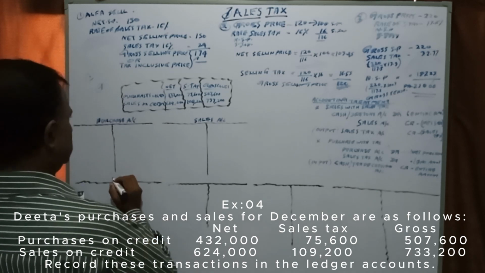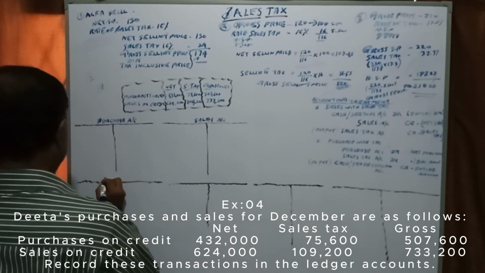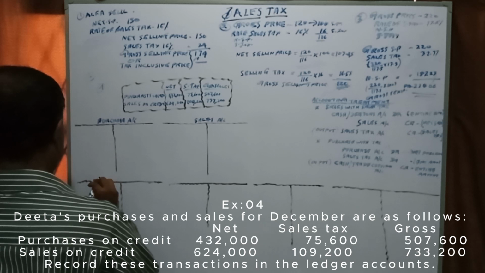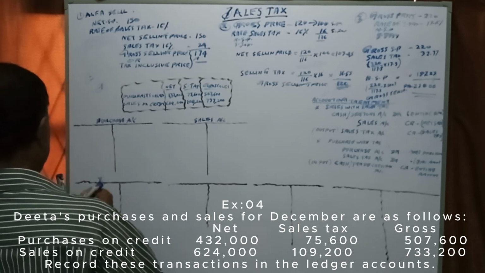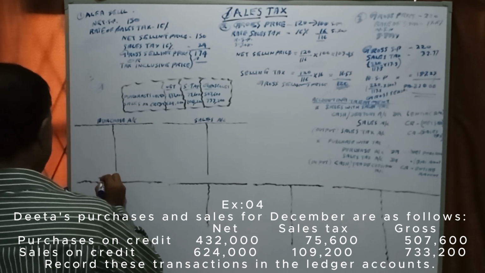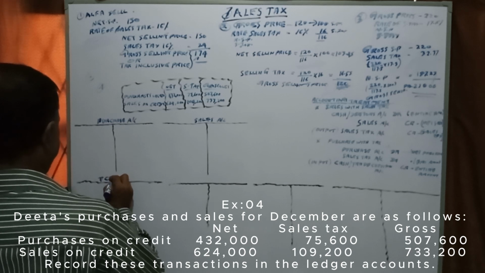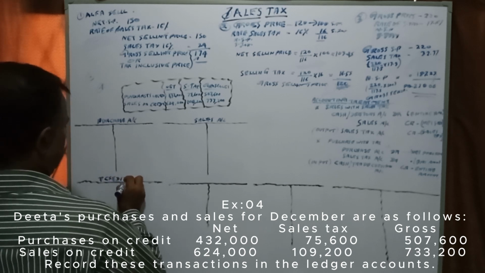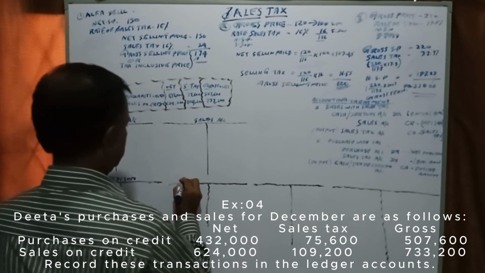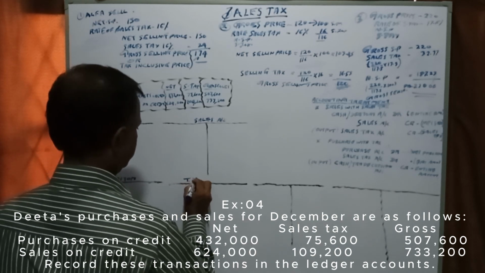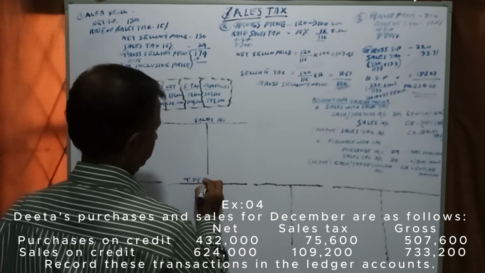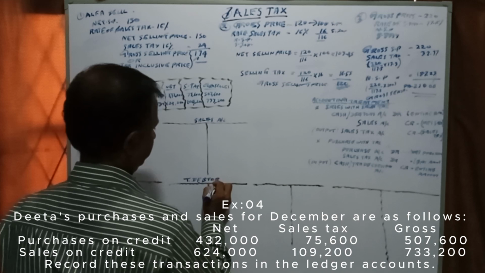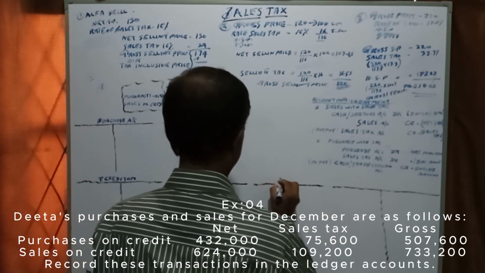So this is creditor, trade data. This is cash.